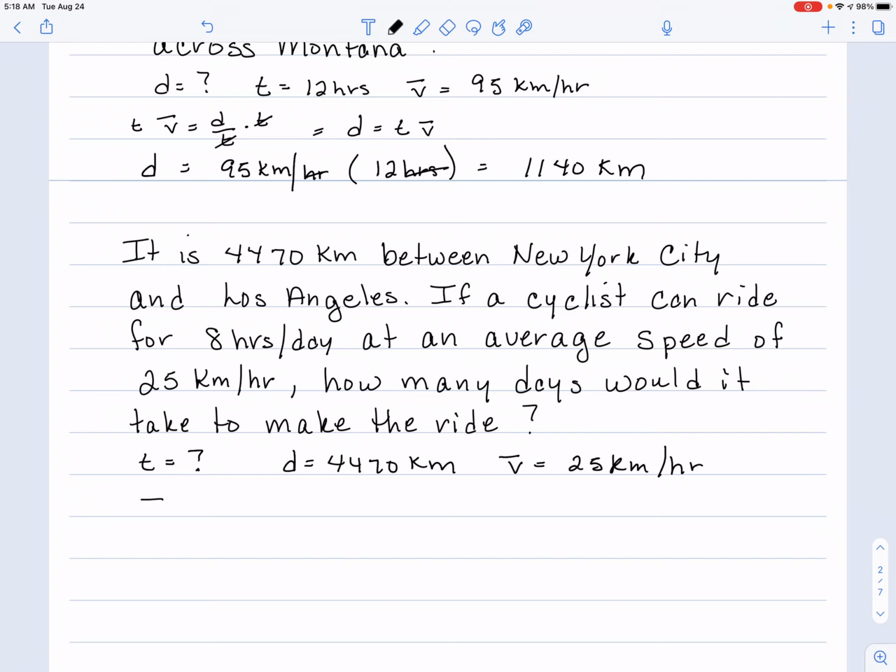So once again, we start with our basic formula, V equals D over T. We would multiply T by both sides.